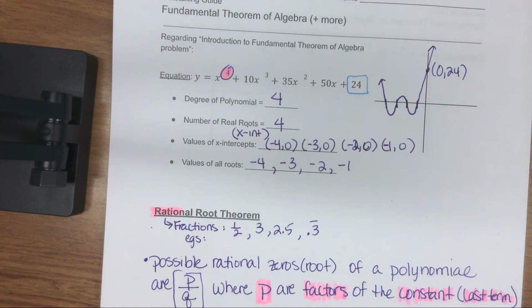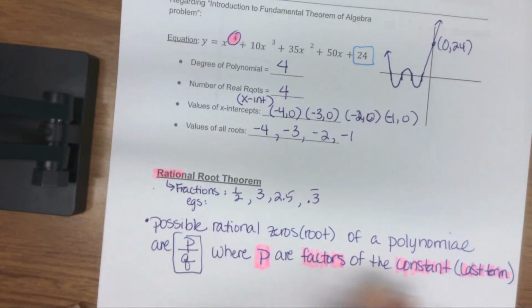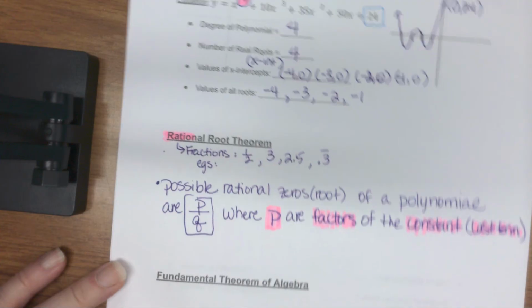Somebody give me some factors of 24 that you know. 4 is a factor of 24. What's another one? 6, 4 and 6. Logan says 2 and 12. 8 and 3, 1 and 24. Okay, so when I'm saying factors, that's what I'm talking about. So that's how we're going to find the things that go on top. Q.